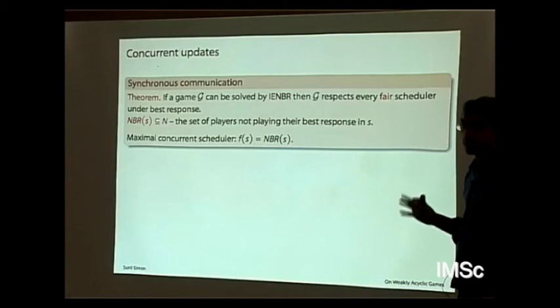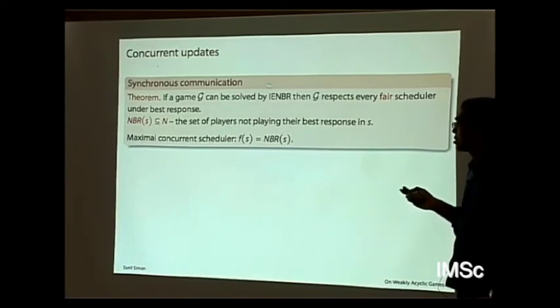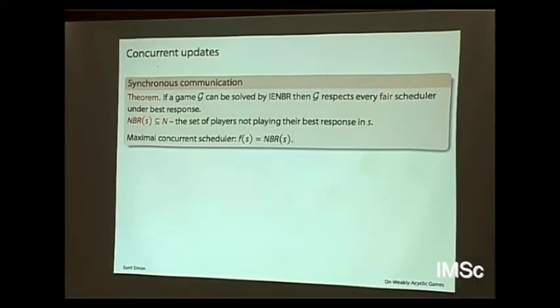So it's no longer sequential; it's a kind of a concurrent update. We saw that even if you take potential games, if you do concurrent update, it may not terminate. You can get into oscillations. But if a game can be solved by IENBR, then it doesn't really matter. Even if you do a concurrent update, it still terminates in the Nash equilibrium.